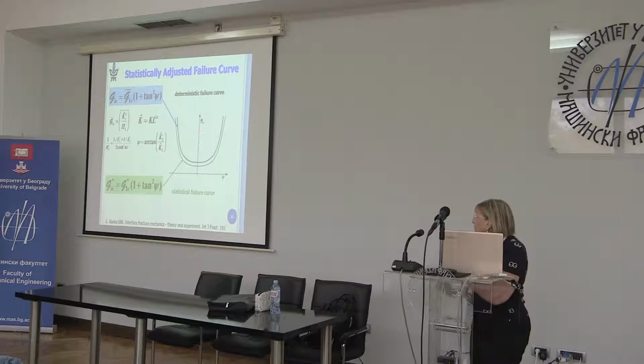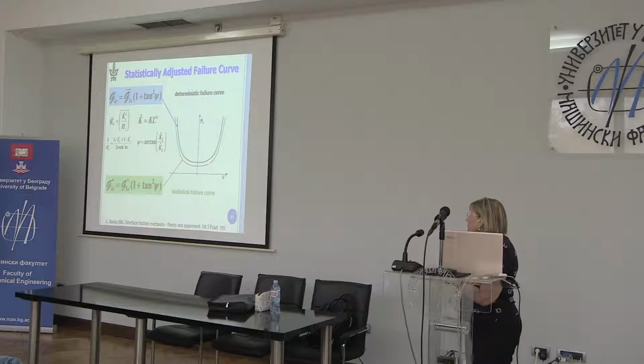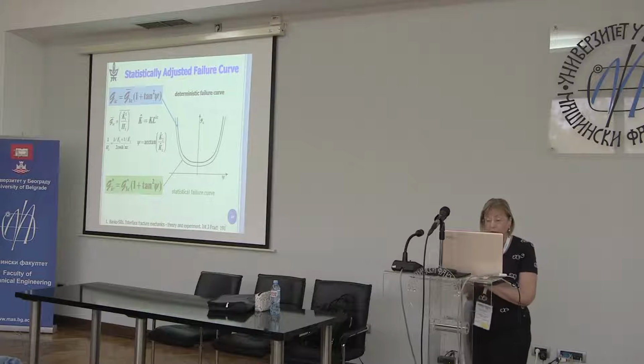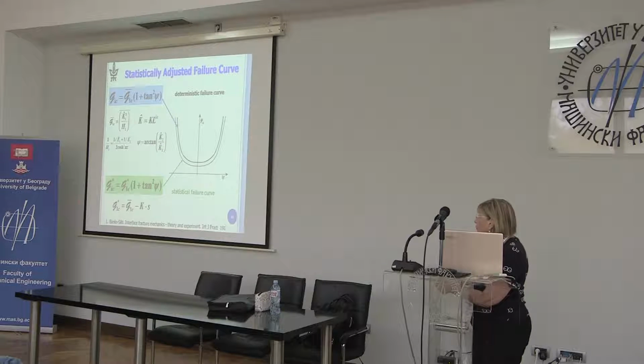And so then, from a statistical point of view, we have only a 10% chance of having failure in the safe zone with a 95% confidence with this mathematics. And so this is our G1C star.